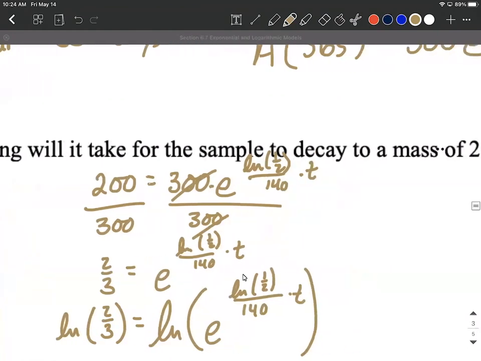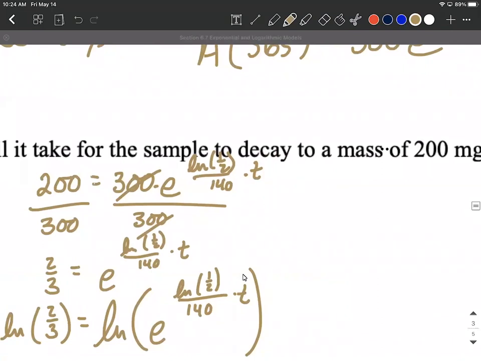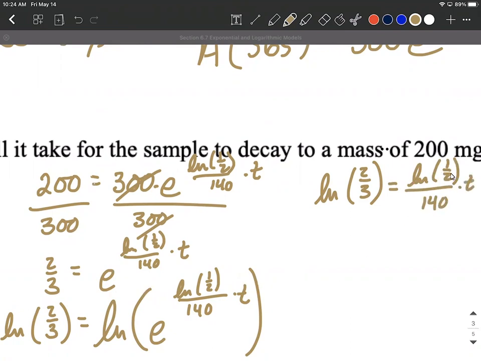But what's going to happen is on the right-hand side, we're going to get some nice canceling out going on because natural log and e to a power, these are inverses of one another. So the inverse function property says you get some nice canceling out. You're just going to be left with that exponent. So bringing the exponent out, getting rid of the natural log and the e from the right-hand side.